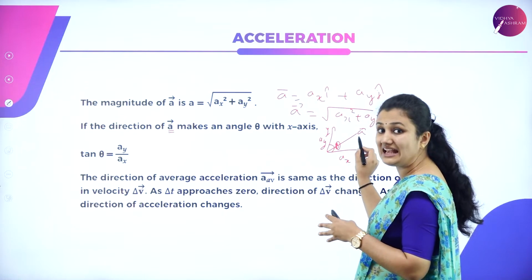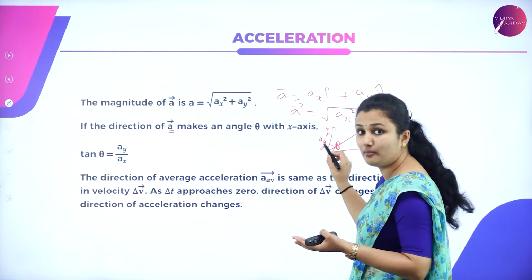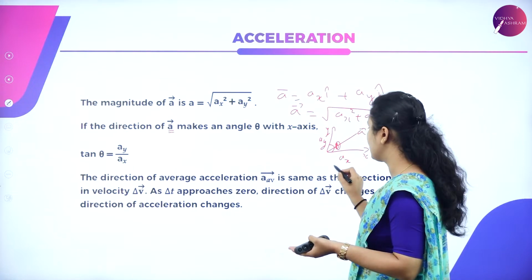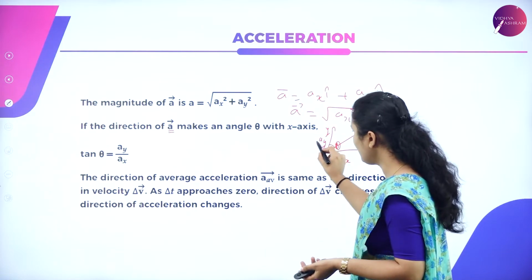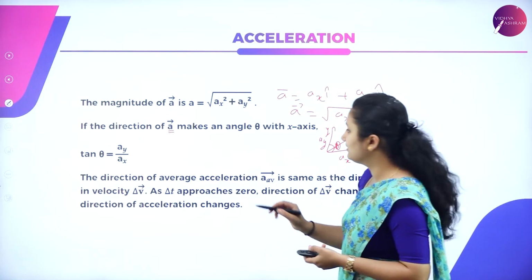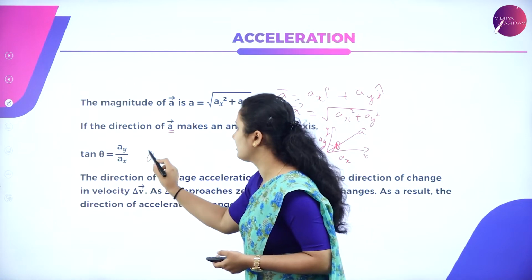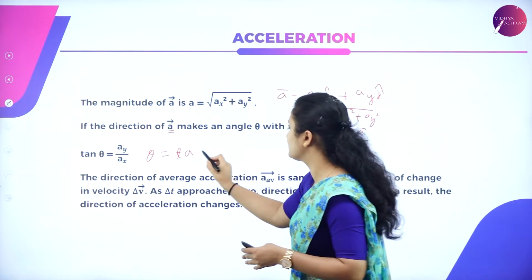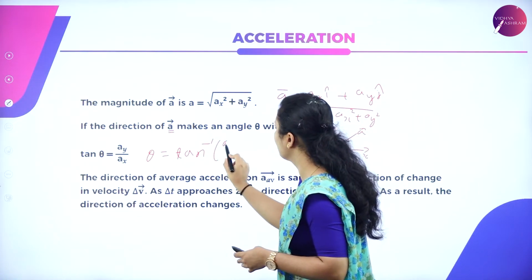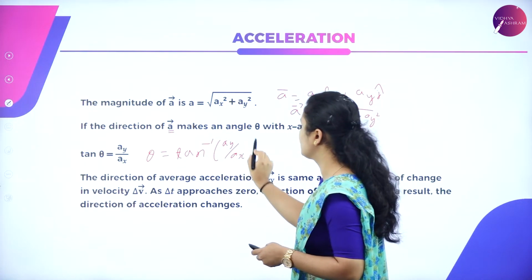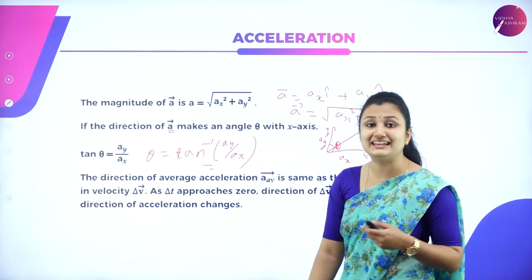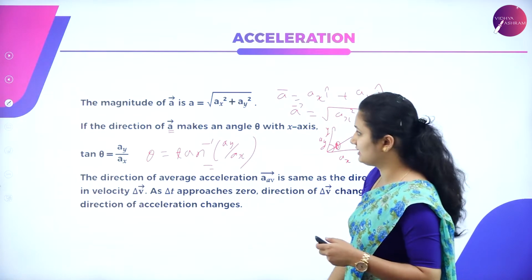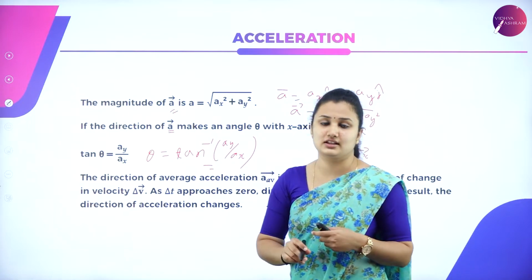The vector a is resolved into its components along the y and x-axes. So it is opposite by adjacent, that means a_y by a_x. You can also write theta is equal to tan inverse of a_y by a_x. So this is how you find the direction and magnitude of acceleration.